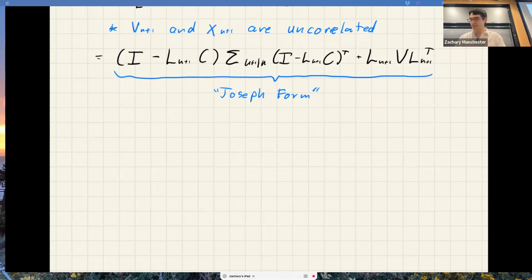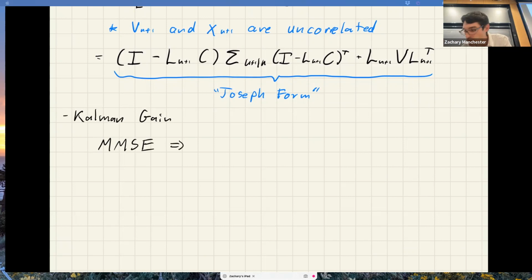Okay, cool. So that's the covariance update. The last piece of the puzzle is the Kalman gain. Now we're going to invoke one of our other things. We did recursive, we did linear, and now we're going to play the MMSE card. We want the MMSE update. What does that actually mean?